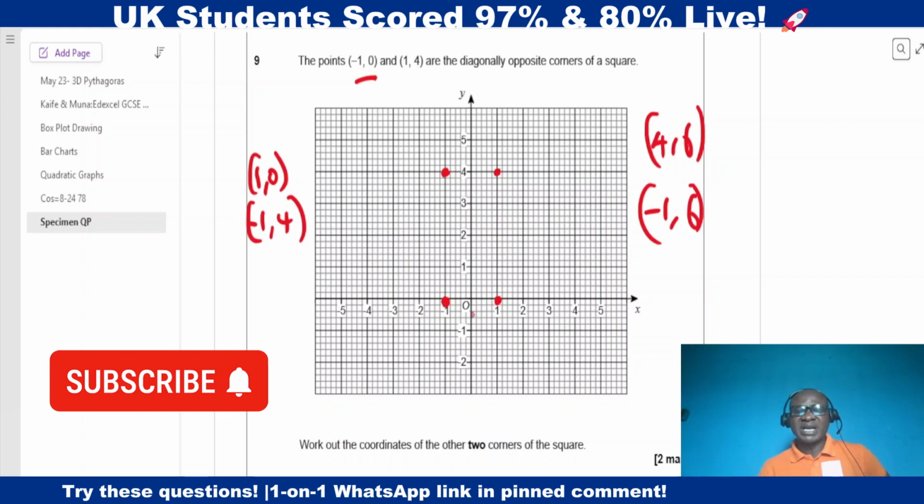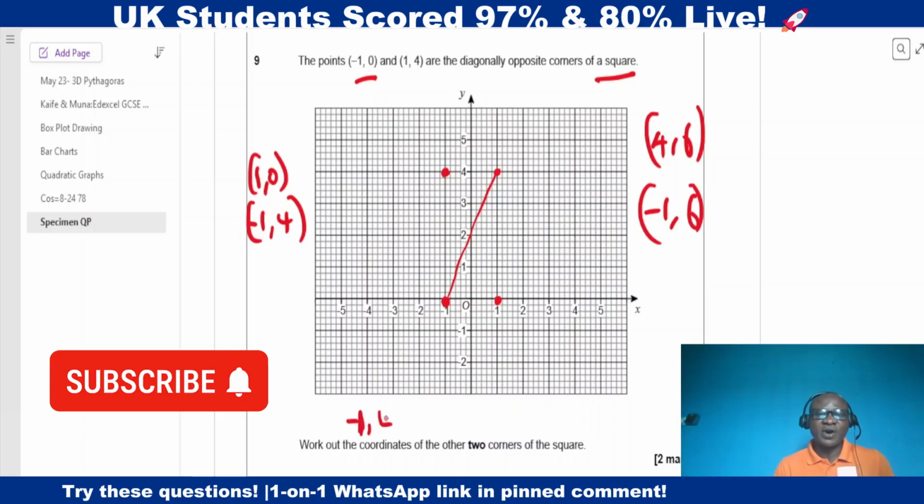To complete a square, because the diagonal line is going like this, that should be called a rectangle, but we take it as they mentioned it.